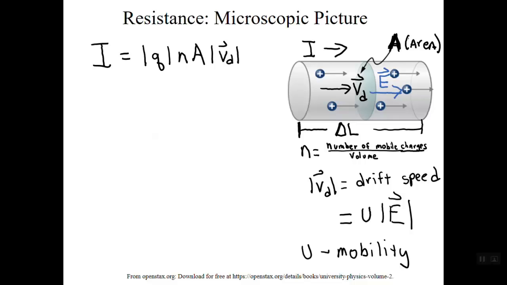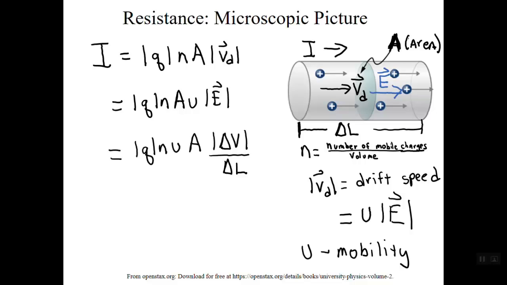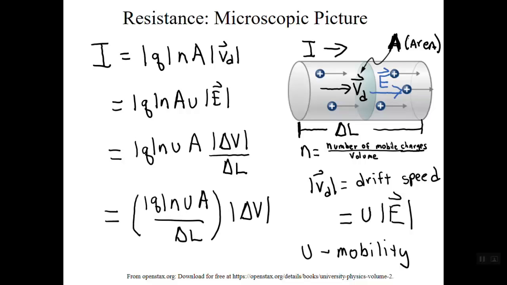Now, if we substitute this relation into our expression for capital I and use the fact that the magnitude of the electric field can be expressed in terms of the potential difference, delta capital V divided by delta L, the length of our element, then, with some rearrangement, we end up with this expression, which is, in fact, Ohm's law, where the quantities in the parentheses are altogether just the inverse of the resistance of the element.